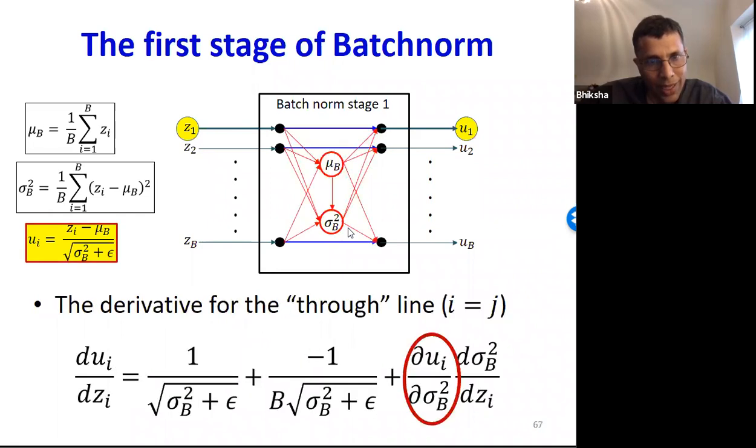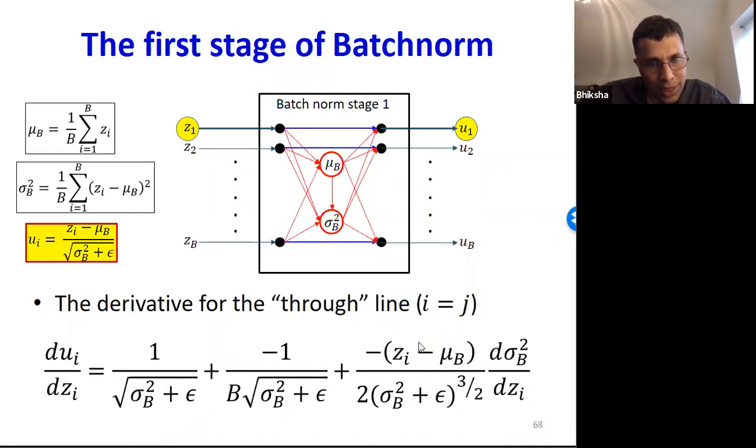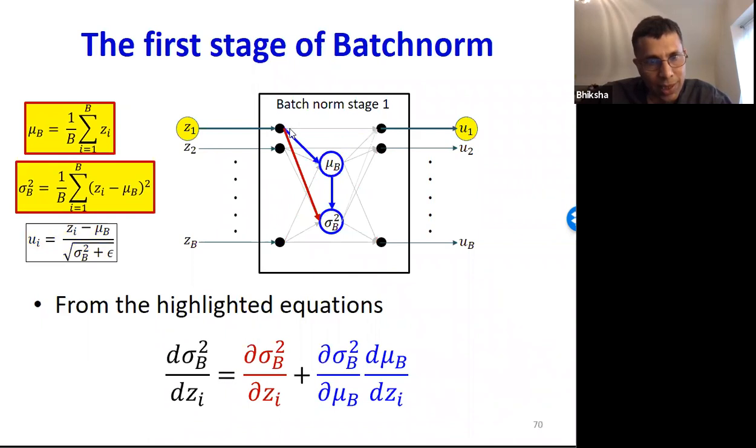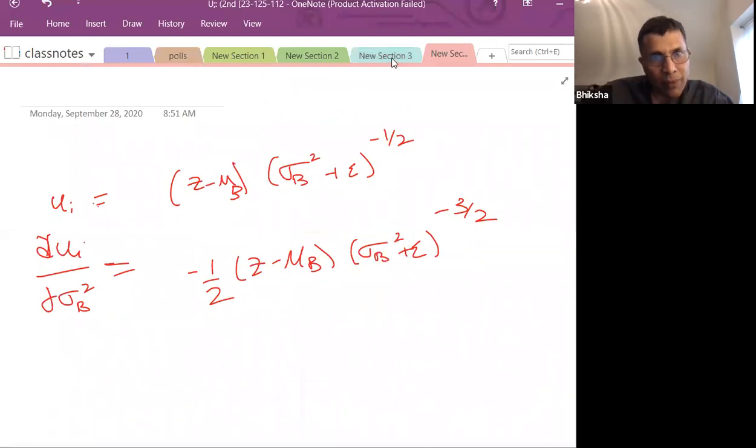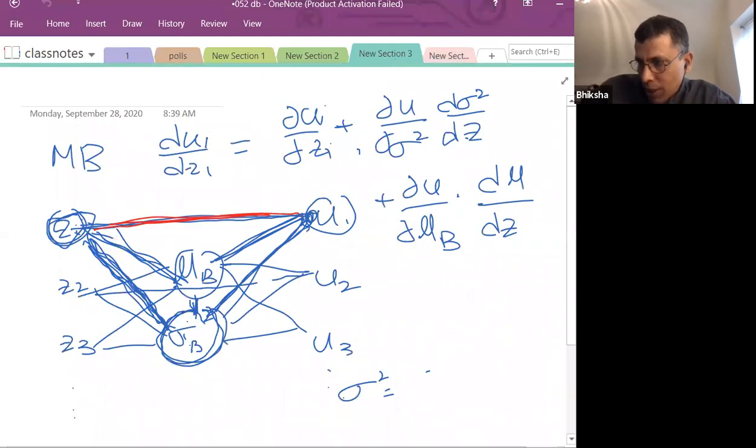Now I need to compute. So I've got this term. Let me plug it in. Now I need to compute the derivative for this final term, the derivative of sigma b squared with respect to zi. Let me hide this over here, although I've given you the answer already. If I want to compute the derivative of this block with respect to this one, what is the formula?